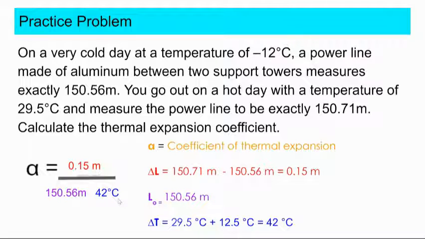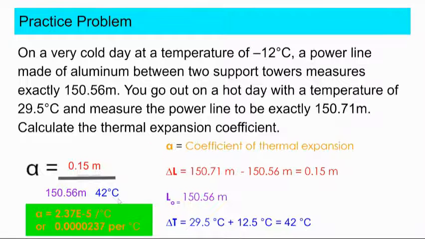You're grouping both of those values in the denominator, so your calculator divides by both parts. And we should get a thermal expansion coefficient of 2.37 times 10 to the negative fifth per degree Celsius, or 0.0000237.